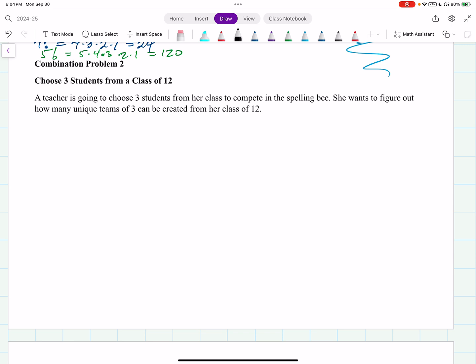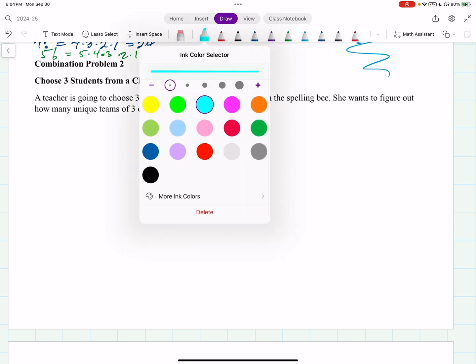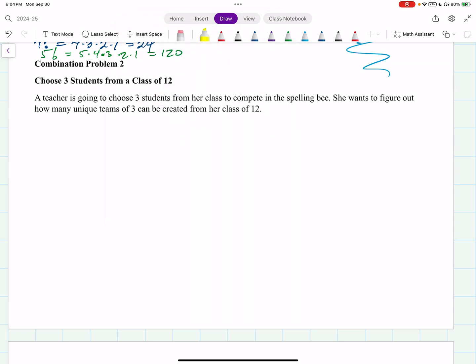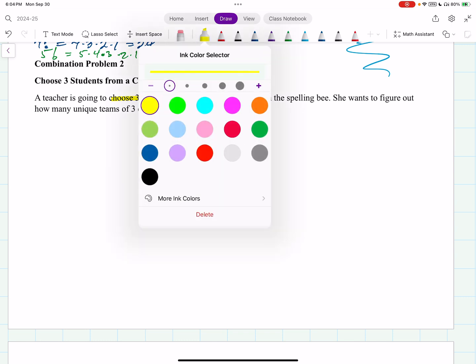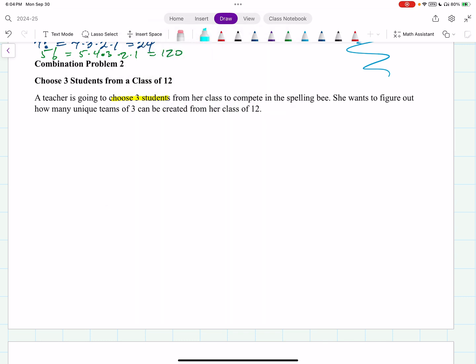So suppose the scenario goes like this. A teacher is going to choose 3 students, so let's highlight this. Notice the word choose all the time. We're going to choose 3 students from her class to complete a spelling bee. She wants to figure out all the different unique teams of 3 that can be created from her class of 12 total.